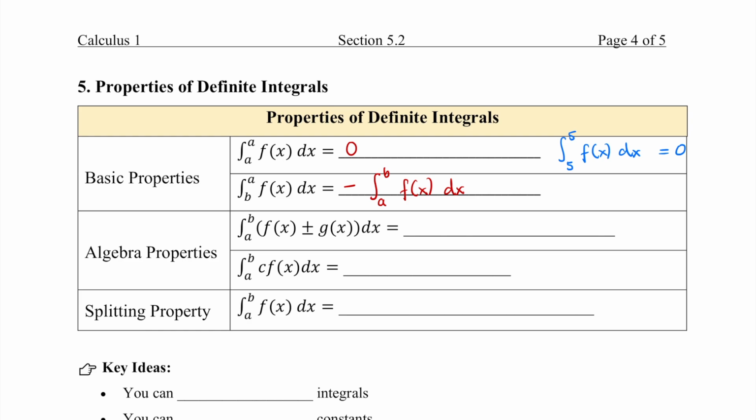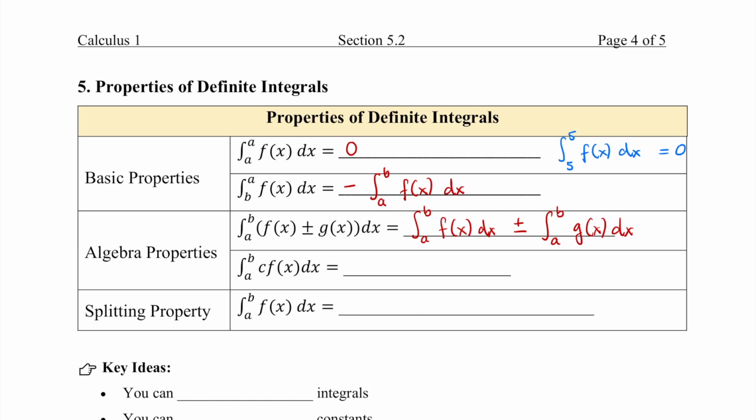Now, let's look at algebra properties. If we have the definite integral of a sum or a difference of two functions, we can split the integrals. So this equals the definite integral from a to b of f of x dx plus or minus the definite integral from a to b of g of x dx.